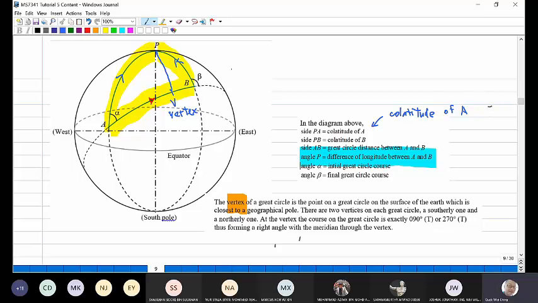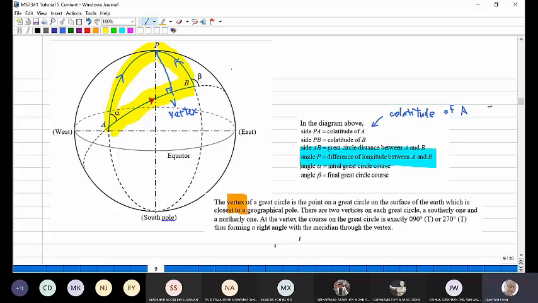Because this is nearest to the pole, nearest means this angle must be 90 degrees. And so PV, V is the point nearest to the pole. There are two ways depending on where the pole is. If the pole is north, then we call it the north vertex. If the pole is on the south, then we call it the south vertex.